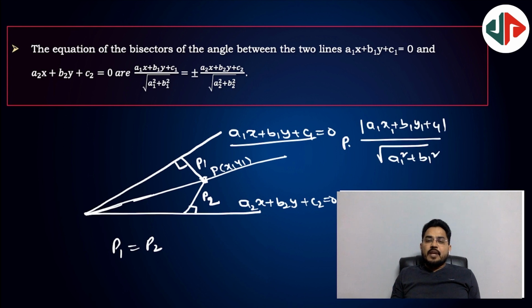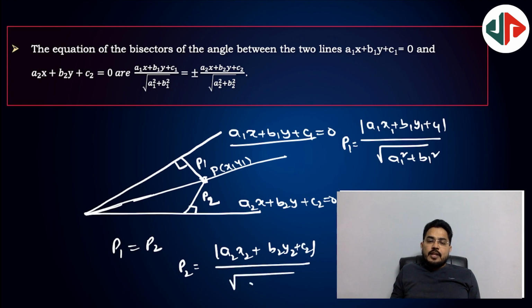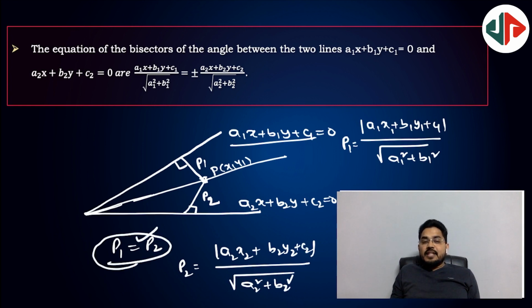This is P1, and similarly P2 is equal to modulus of a2 x1 plus b2 y1 plus c2 by root over a2 square plus b2 square. So the locus of x1, y1 such that P1 is equal to P2 gives you this angular bisector.